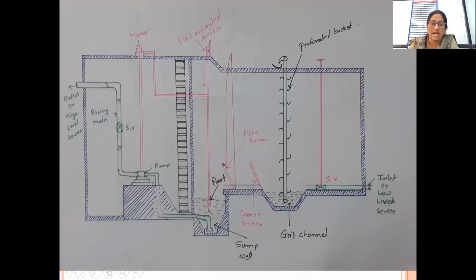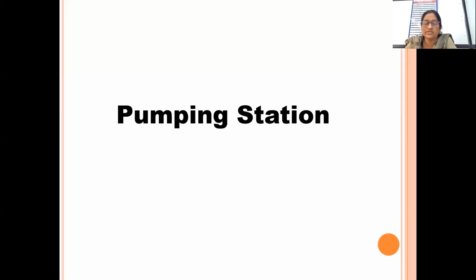Inverted siphon. Now the last part is the pumping station. So where is it required? Pumping is required where water flows from a low line to a high line, or sometimes where basements are provided in a city.